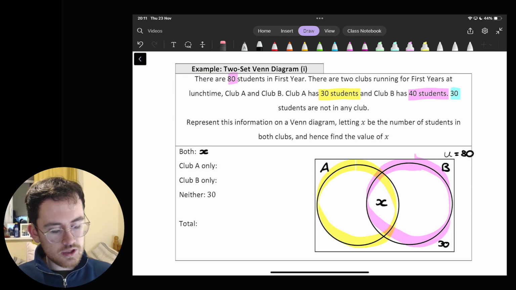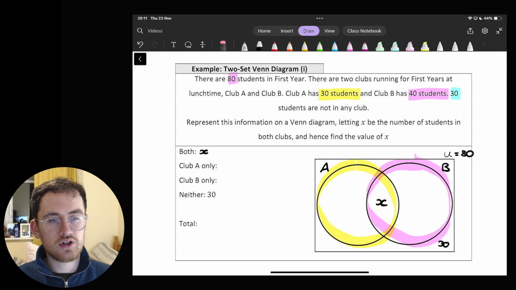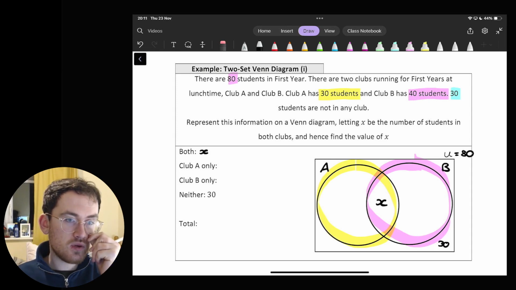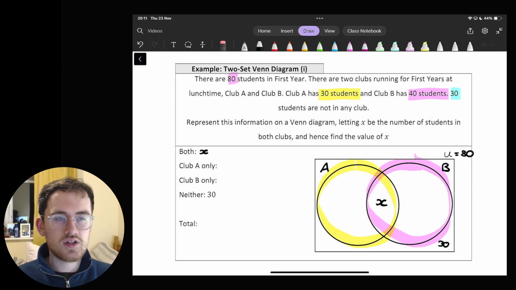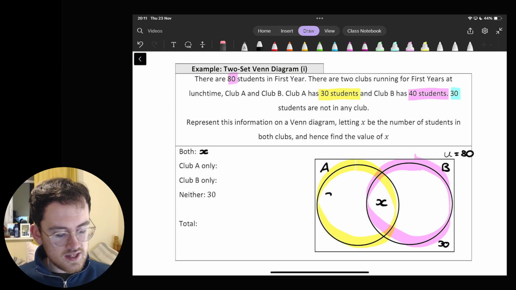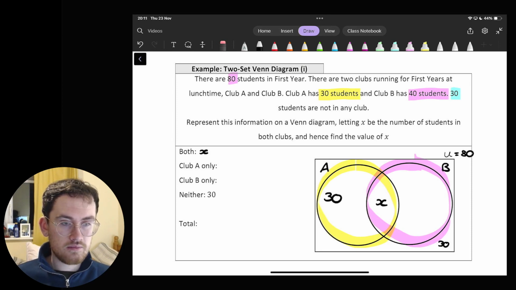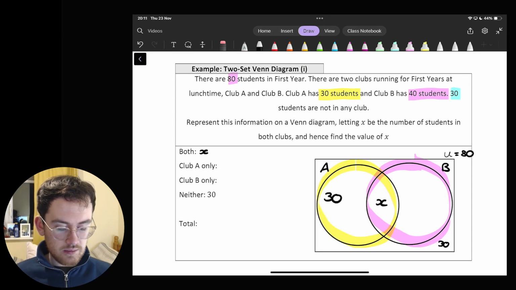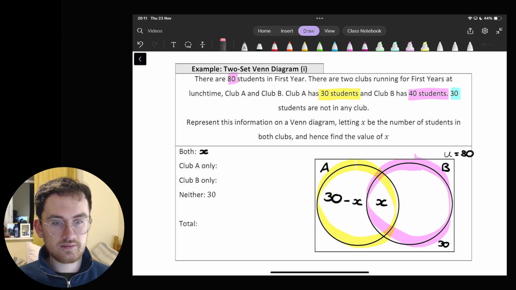If there are supposed to be 30 students in the yellow circle overall, and we know that there are a certain number in the middle, we don't know how many, but we're going to say x, then in this yellow part it's not 30 people. It's 30 people take away whatever the middle bit is.